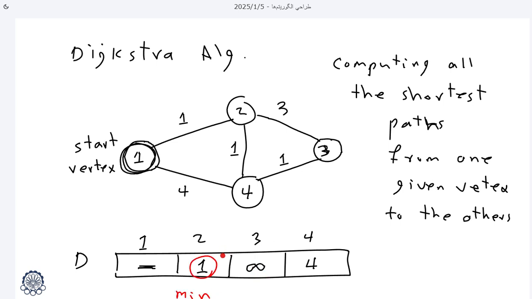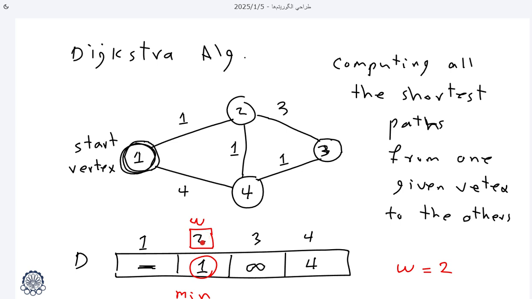Because the value of node 2 is the minimum, we define W. Vertex W will be equal to vertex 2, because the vertex W is the vertex that has the minimum value.